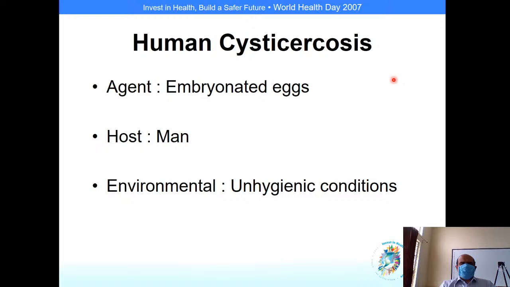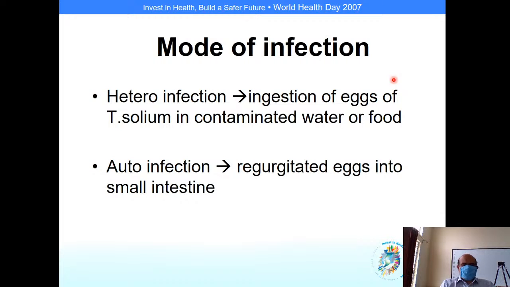Human cysticercosis: the agent is embryonated eggs. So in agent, host and environment, the agent is embryonated eggs, the host is man, and the environmental circumstances are unhygienic conditions.